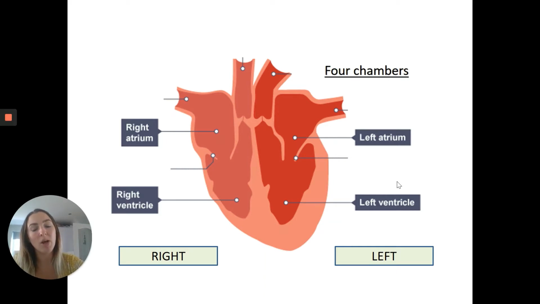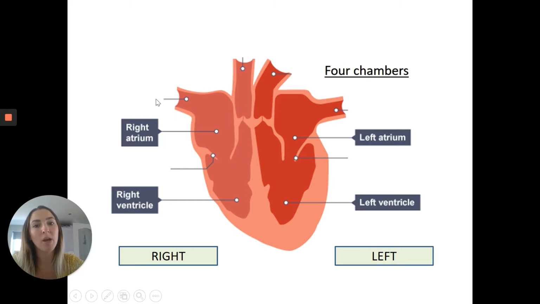Okay, so the route that the blood will take will come through this blood vessel here, which we'll see on another slide, but this is called the vena cava, and into the right atrium. If you look, we've got four chambers: the right atrium, right ventricle, left atrium, left ventricle, and always the blood will go into the atrium first.